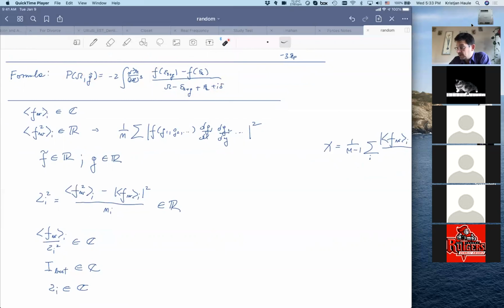So what do we need to do then? We defined before the average of the function f, and this is the quantity that measures the integral. So the integral is evaluated from this, and clearly this quantity needs to be complex.